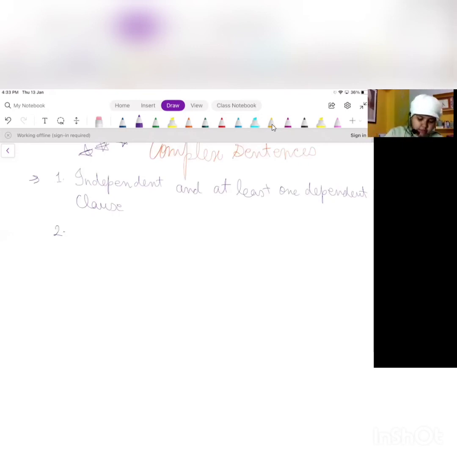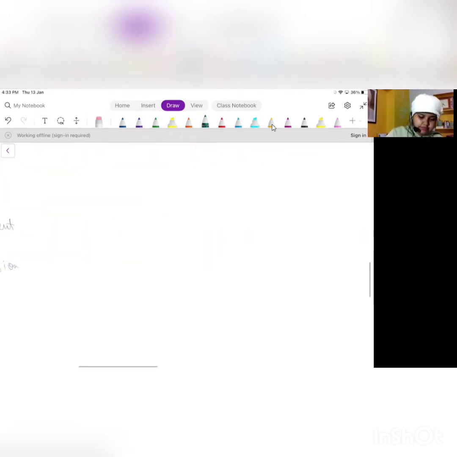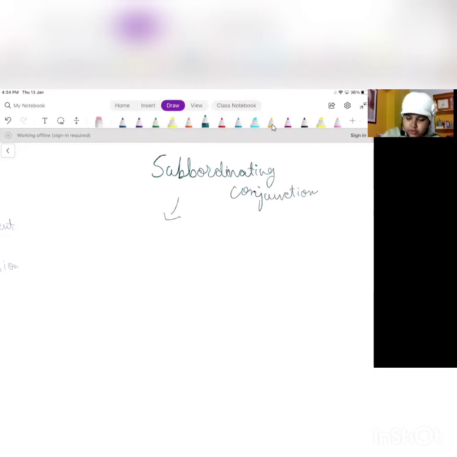Examples of subordinating conjunctions are although, since, when, unless.